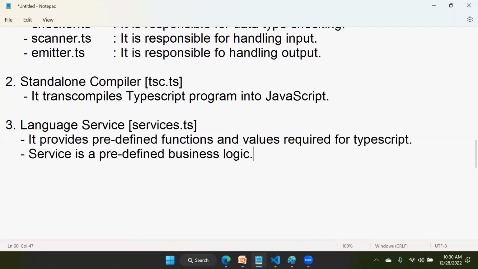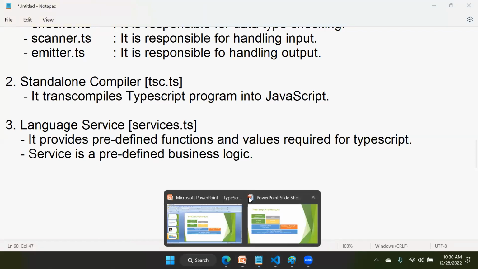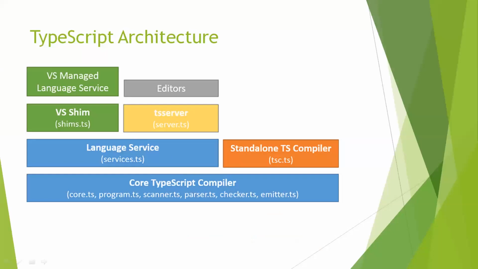The core compiler checks all the problems in your code. The standalone compiler translates the TypeScript code into JavaScript. And the language service provides all the functions and values required for your TypeScript. That is the third one.